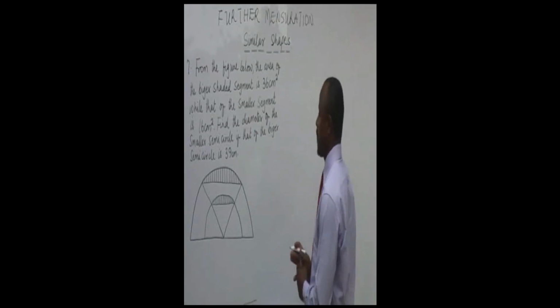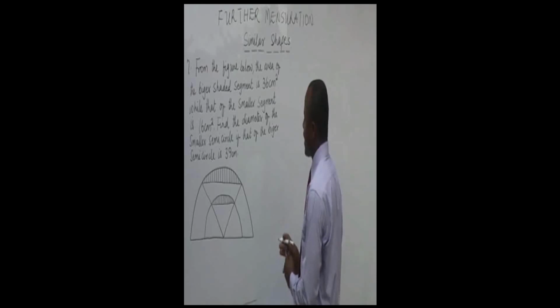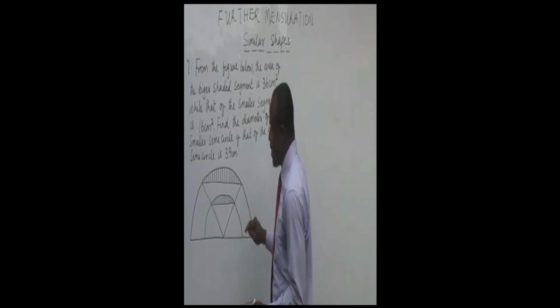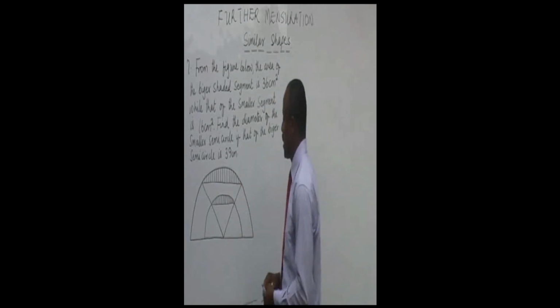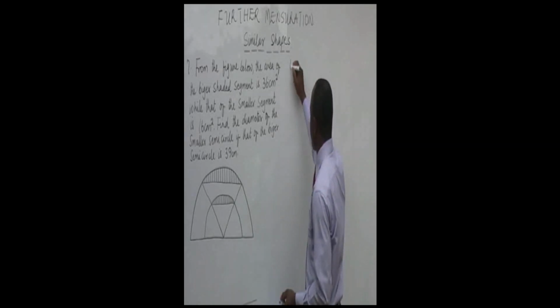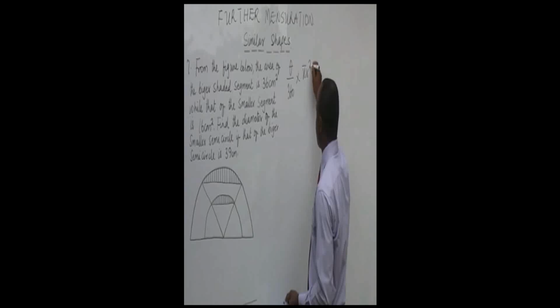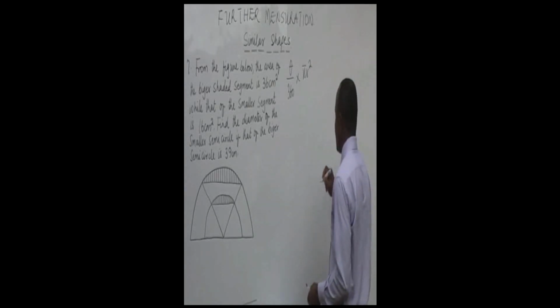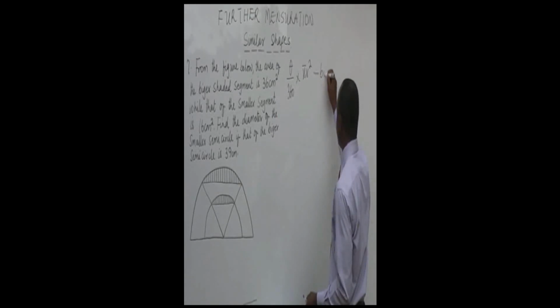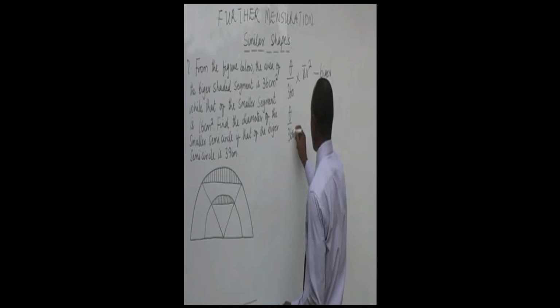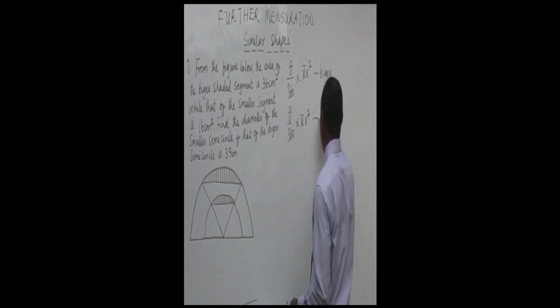From the information given, if you want to calculate the area of the sectors in which these segments are found, the areas of the sectors are calculated by theta over 360 times pi r squared for the bigger circle, and for the smaller circle it is the same, theta over 360 times pi r squared.